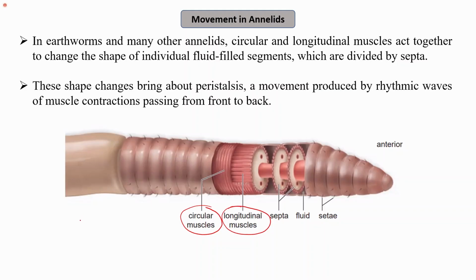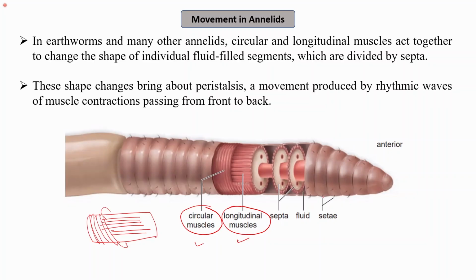You can see in the figure, suppose if I draw it here, these are the circular muscles. They are present like this, if you imagine it in 3D. And these are the longitudinal muscles which are present along this axis.